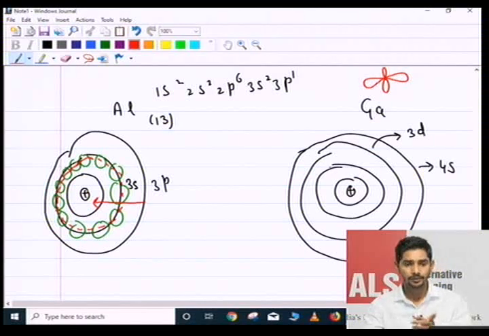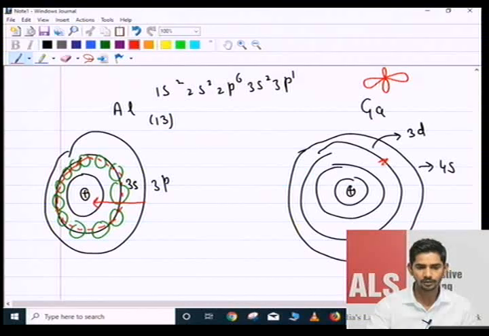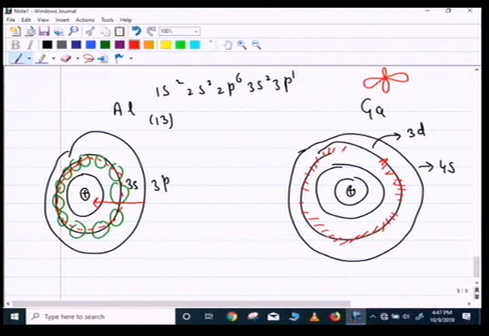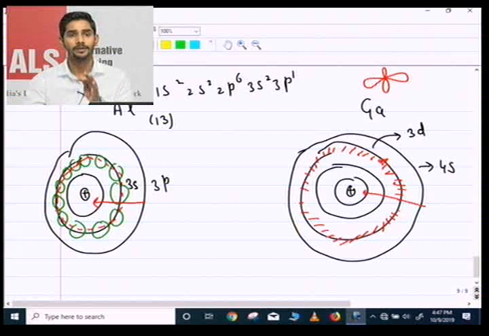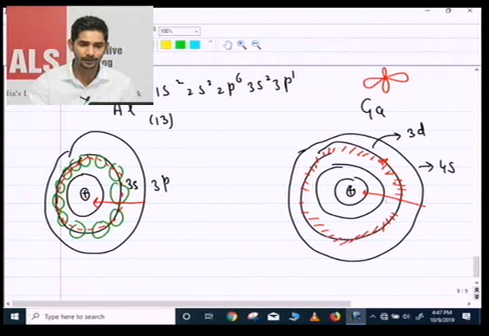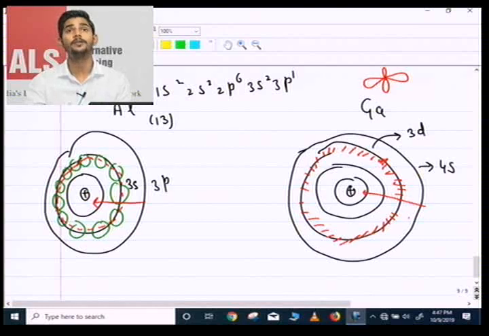So due to this shape, the inner wall, I'm talking about this one, the inner wall, obviously again the nucleus is pulling the outermost electrons towards itself, but the point is the inner wall is not strong enough to make an effective wall which resists the nuclear force. So what's happening is that the nuclear force being felt by the 4s orbital is very, very high.